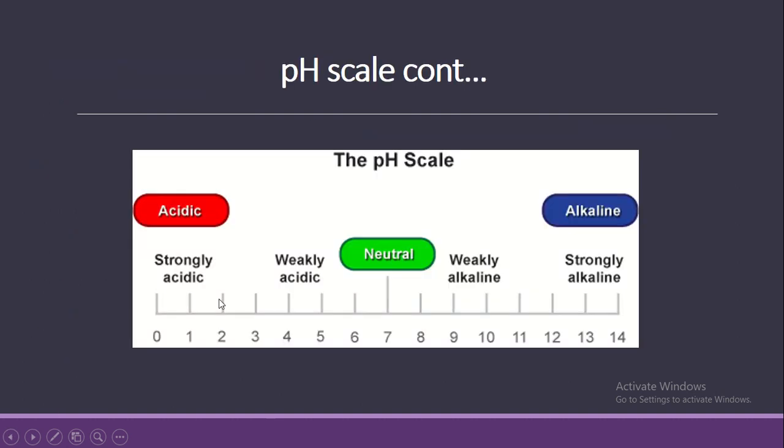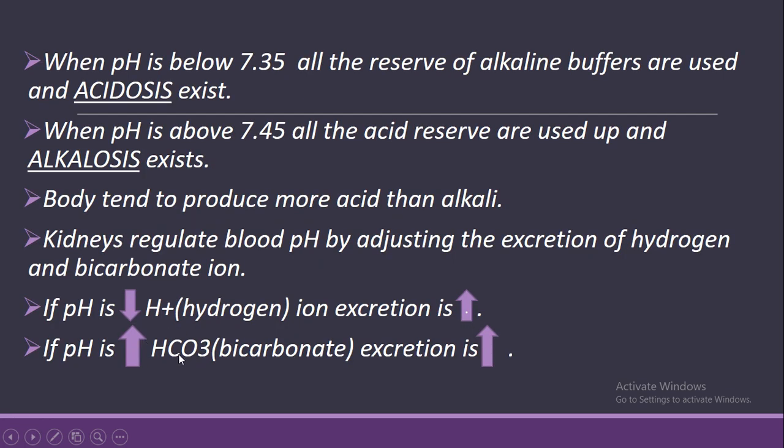Here, this part is the hydrogen ion and this part is the bicarbonate ion. In short, the H plus ion and the bicarbonate HCO3. If the pH is low, H plus ion excretion is high. pH is low means the acidic part is more in the body, so the hydrogen ion excretion is high.